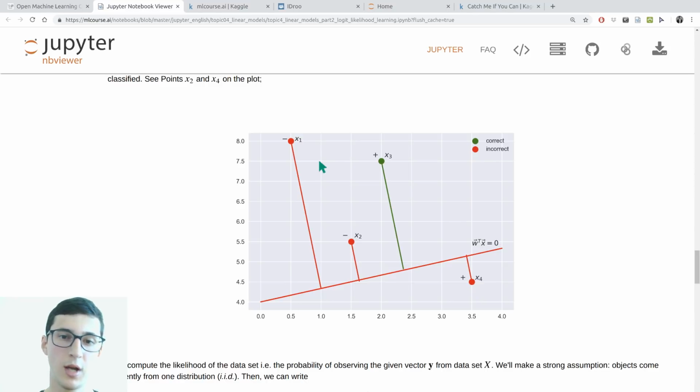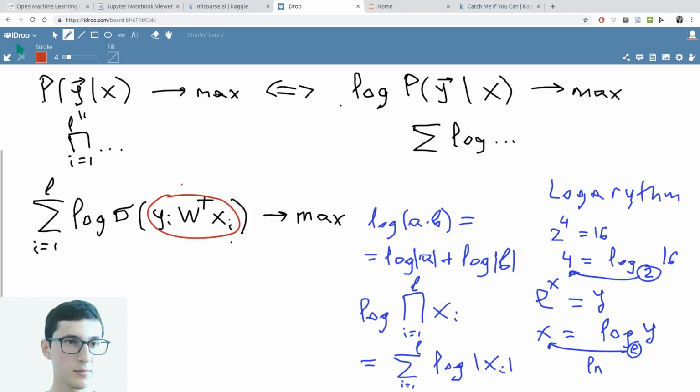And so actually, if our model classifies everything above the line as positive and everything below the line as negative, then we make a mistake. So we classified this object incorrectly, and moreover, the value of this margin is really high. Okay, I'll also draw this.